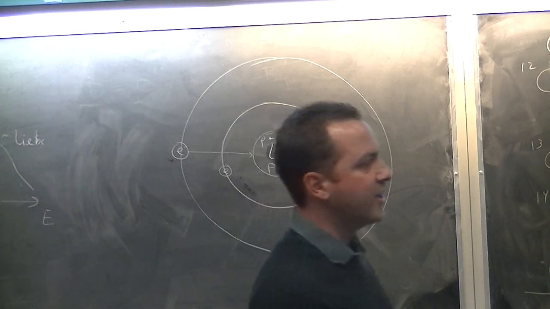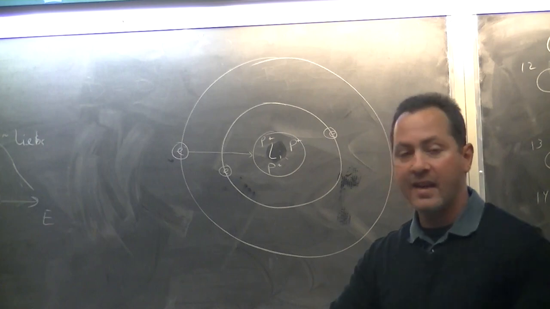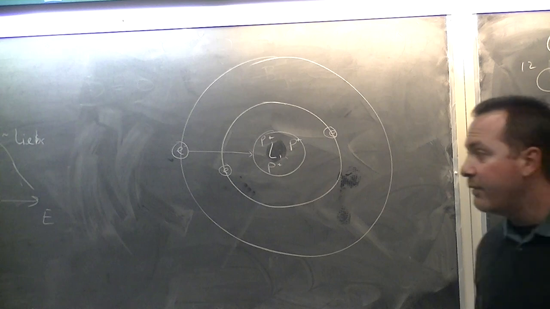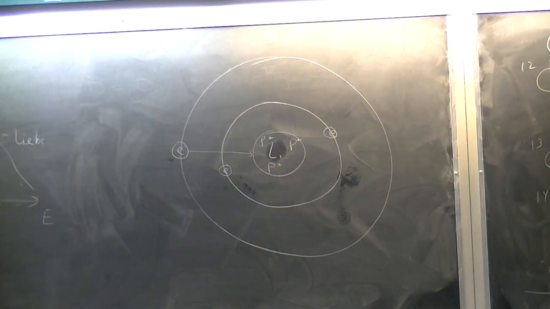The effective nuclear charge is the actual charge that an electron in an outer shell is capable of feeling. It depends on how far that electron is and how many electrons are between the nucleus and that electron.